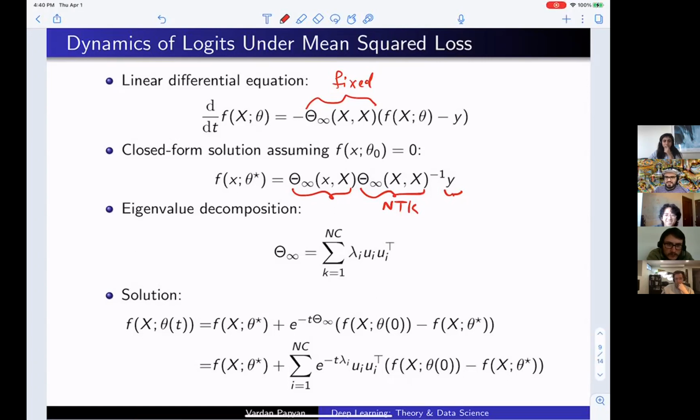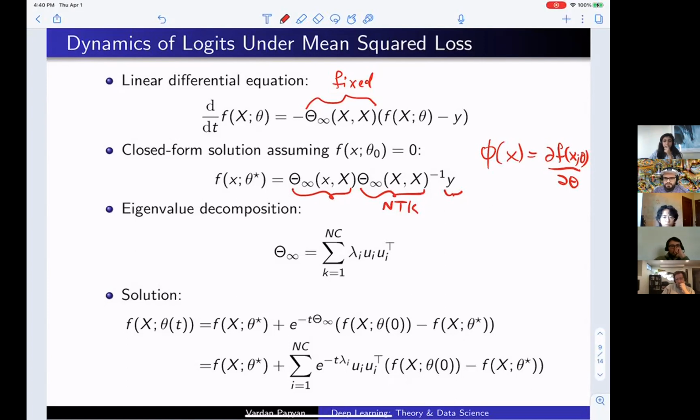What is the kernel? The kernel is phi of x equal to df of x, theta, d theta, right? It's a kernel method.